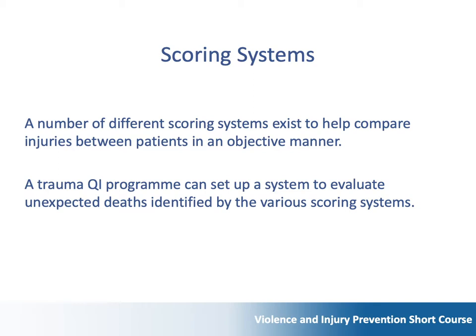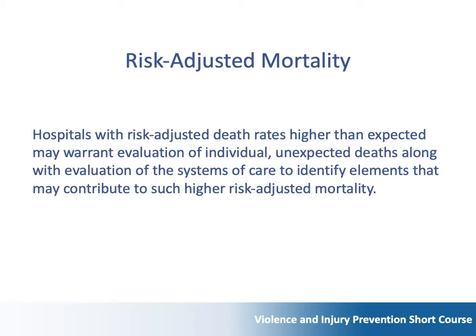Use of statistical methods also allows a hospital to compare itself against predetermined national and international norms. Hospitals with risk-adjusted death rates higher than expected may warrant evaluation of individual unexpected deaths along with evaluation of the systems of care to identify elements that may contribute to such a high risk-adjusted mortality.